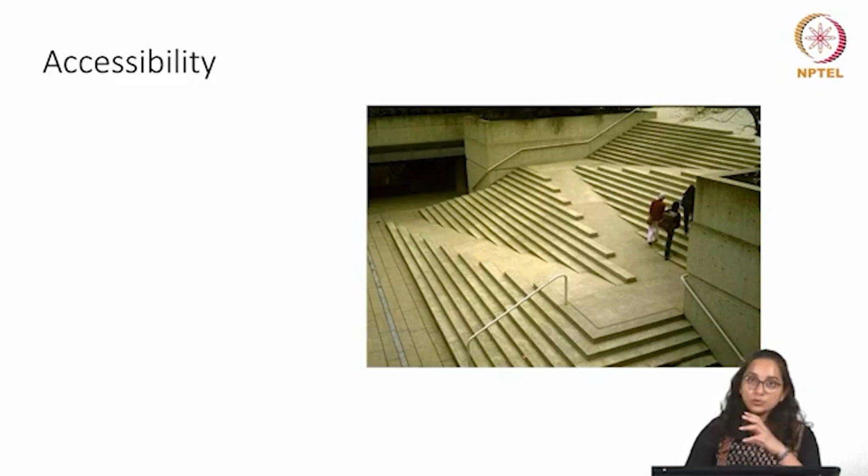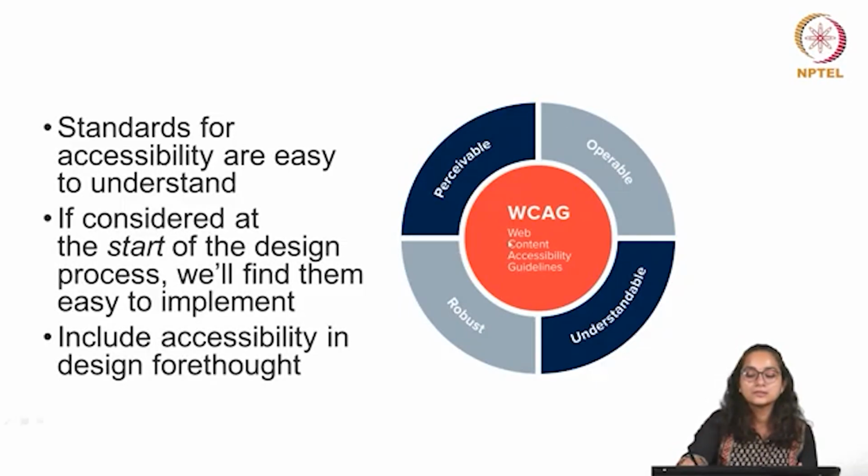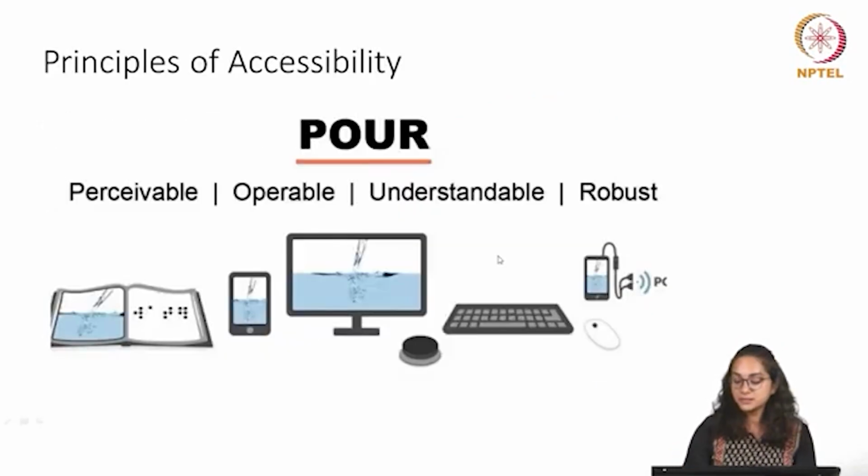They will make more sense with an understanding of the principles of universal design, because they are derivative of those 7 principles. So these POUR principles are basically development of web accessibility.